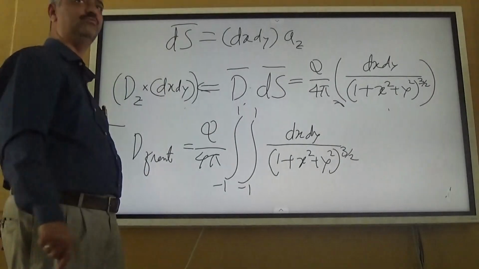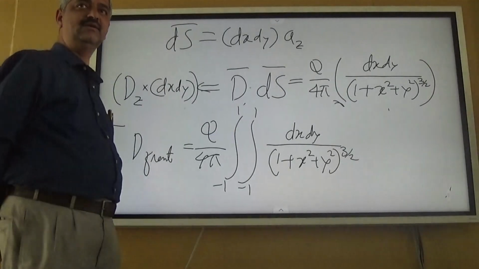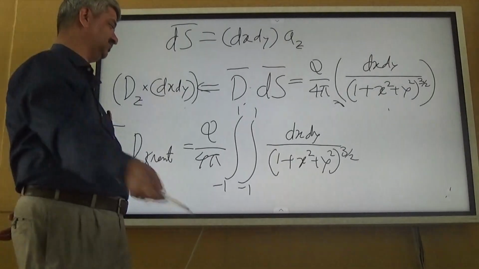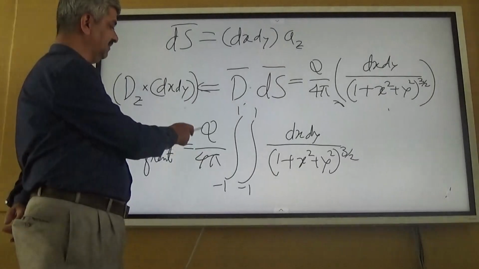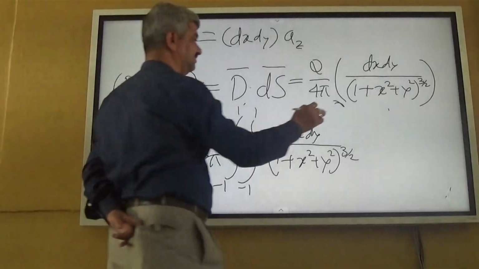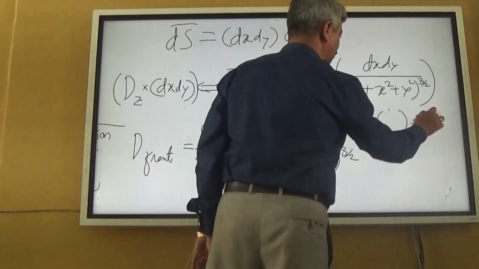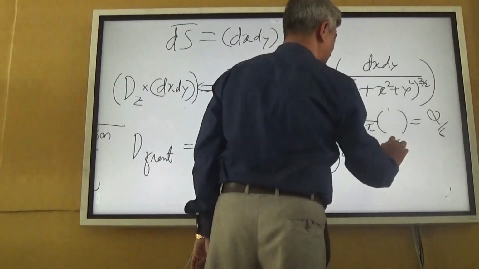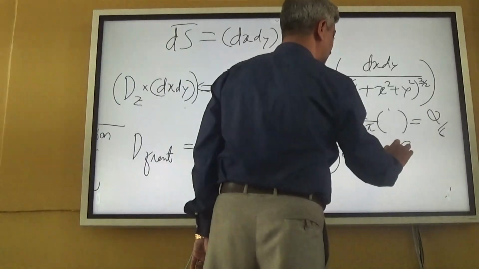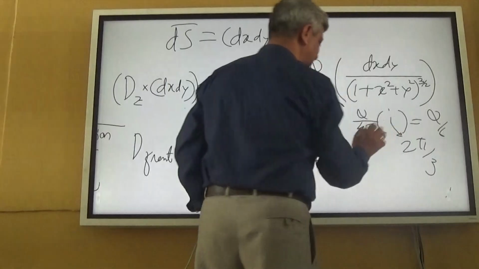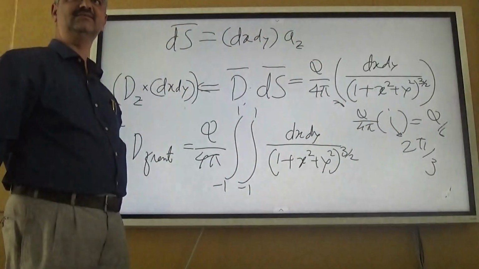And what should this integration work out to now? Answer should be q by 6. Answer has to be q by 6. So q upon 4 pi into something should be q by 6. The something should be 2 pi by 3. This answer comes as 2 pi by 3.